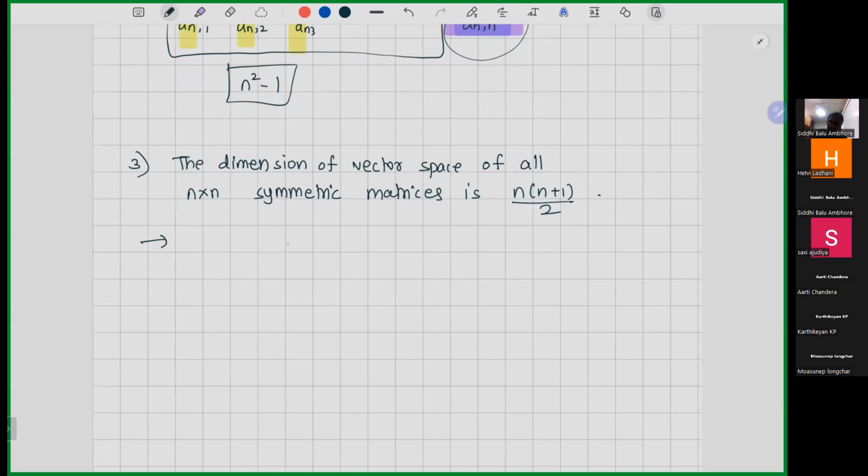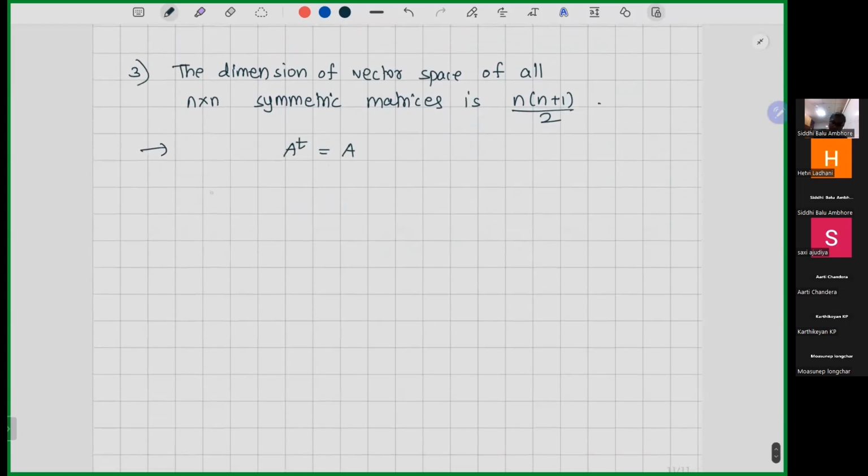So symmetric matrix means that A transpose is A. Okay, so if I write this matrix as A11, A12, A1n, A21, and so on. Okay, no guesses.